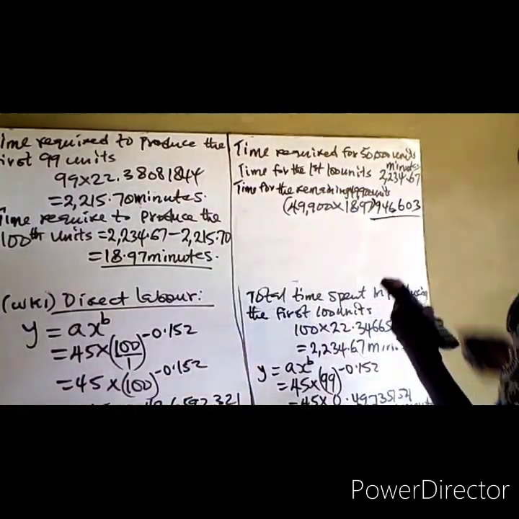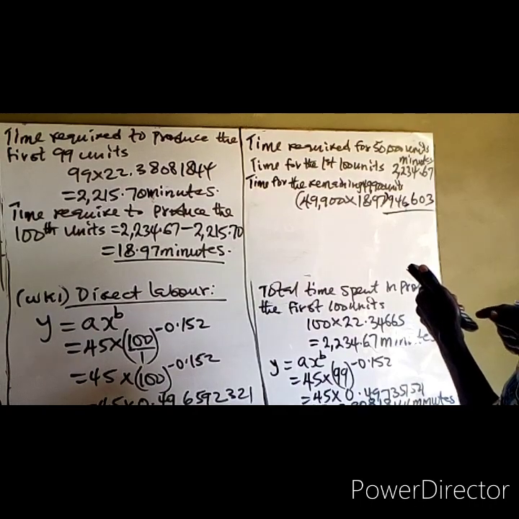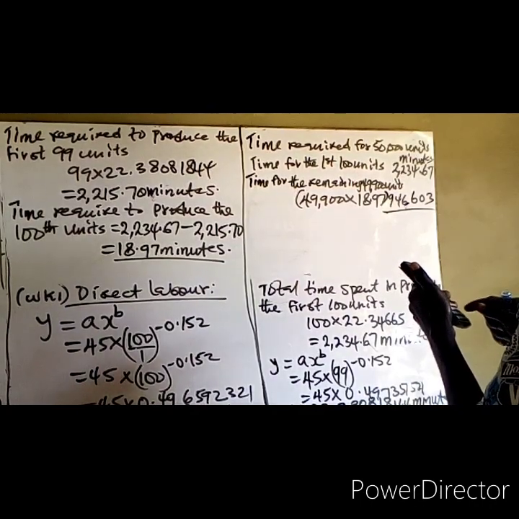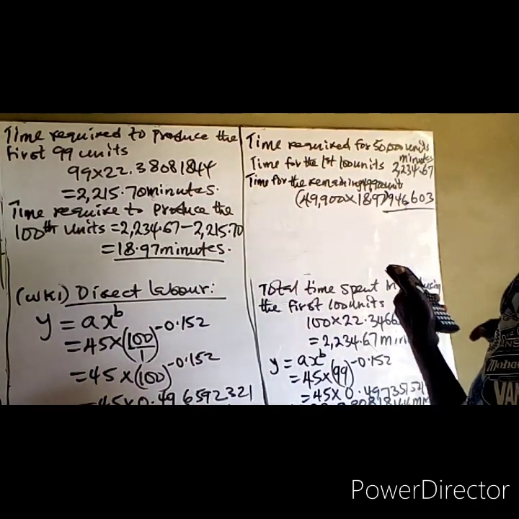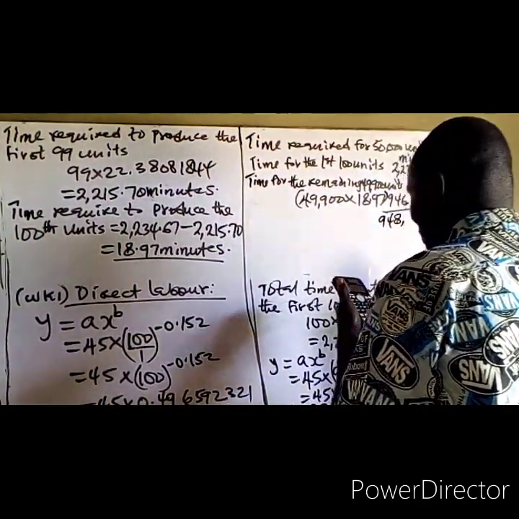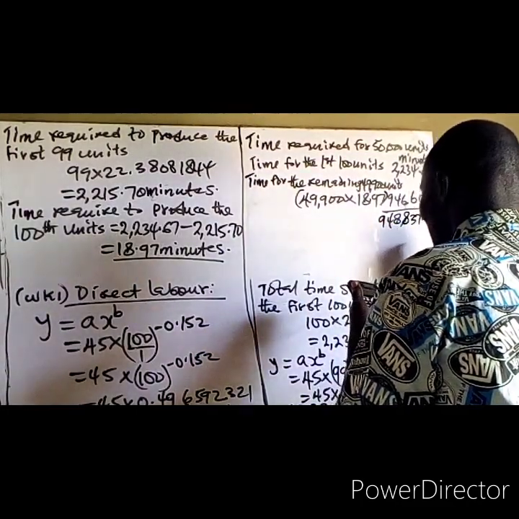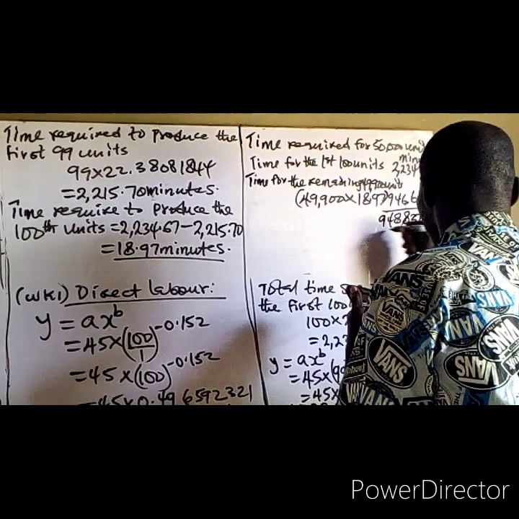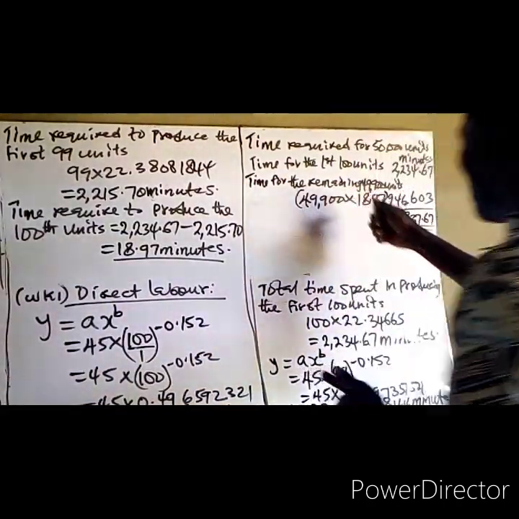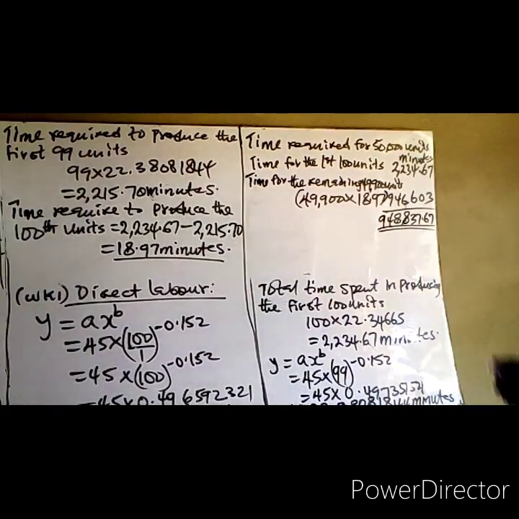Then when you add it to the time for the first 100, which is 2,234.67, that will give us 948,837.67 minutes. That is the estimated total time required for the 50,000 units. This time is in minutes.